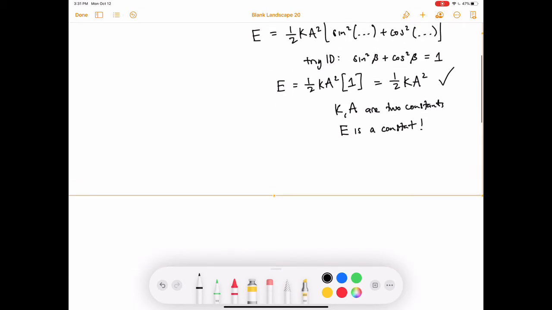In other words, if E is a constant, it's not changing over time, the total mechanical energy is conserved. And of course, in doing this derivation, we assumed at the outset no friction, no air resistance.